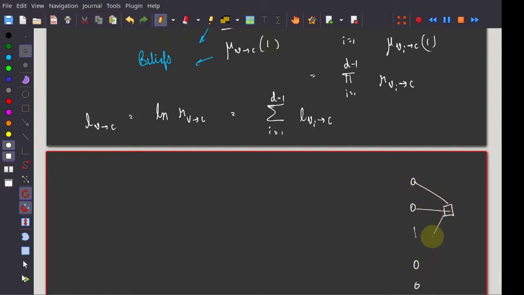Okay, so now let's see what the message update rules are for the check node. Once again, let's assume that these variable nodes are labeled 1, 2, 3 up to d minus 1.